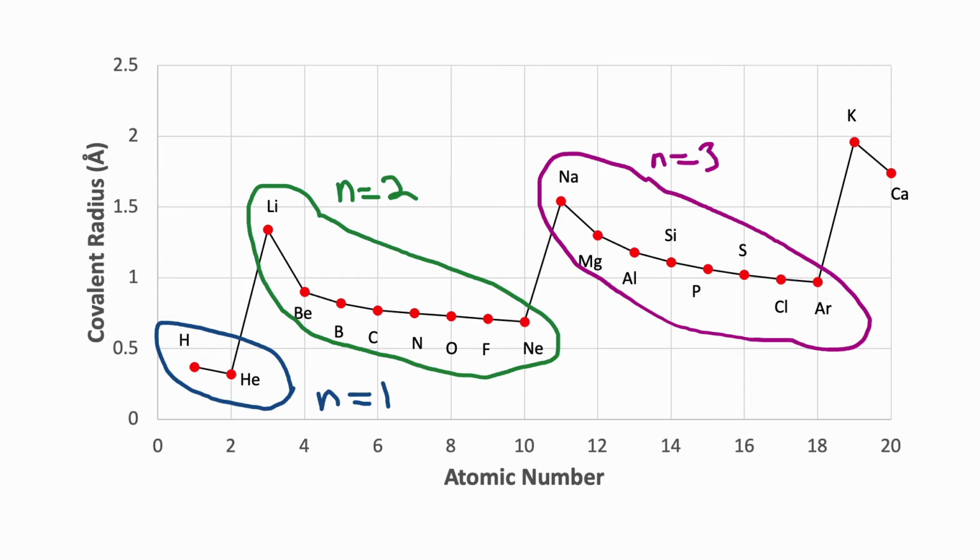You can see here that after a while they don't decrease by much, but they do decrease noticeably across a period. And then obviously once you get past argon, then you're in n equals 4. And of course it continues past this. I'm not going to show that on the graph because things get funky when you get into the transition metals, as always. And so here's potassium and here's calcium.